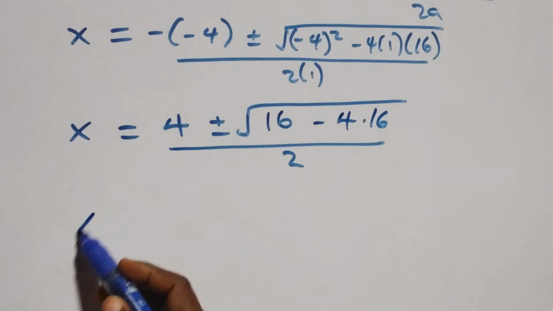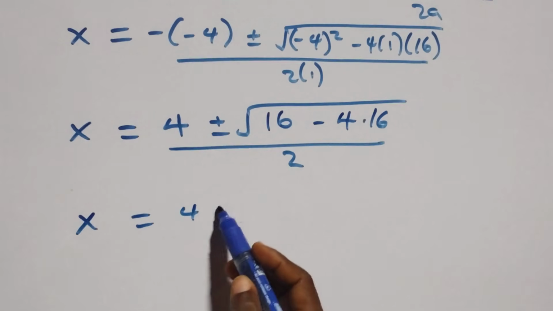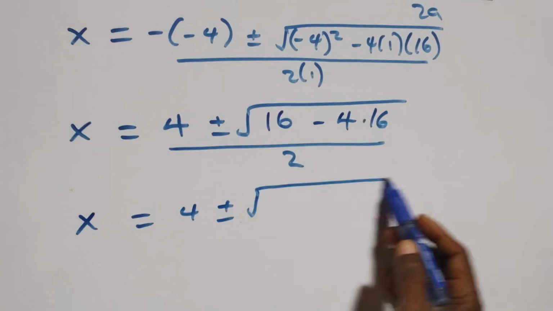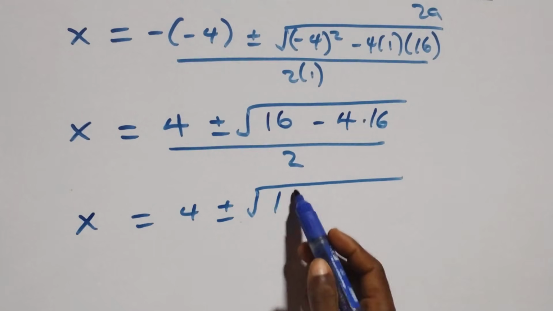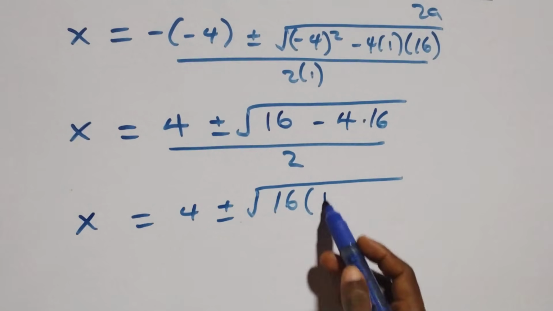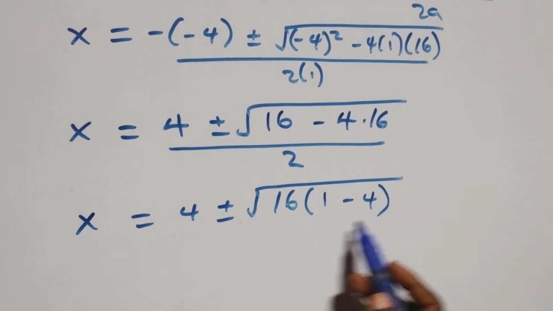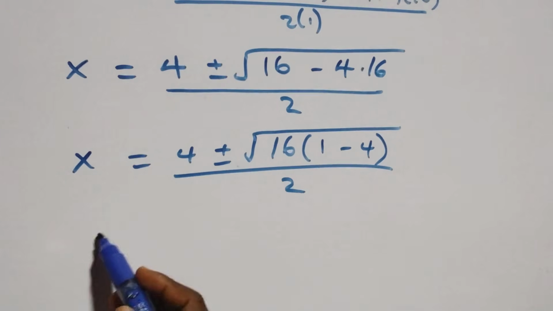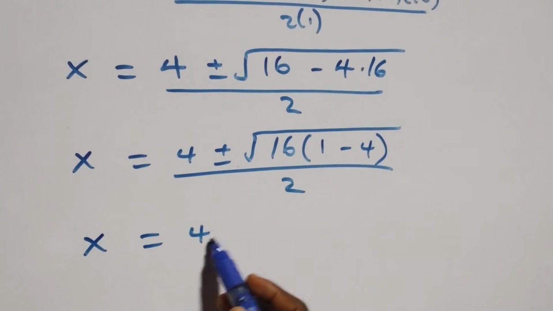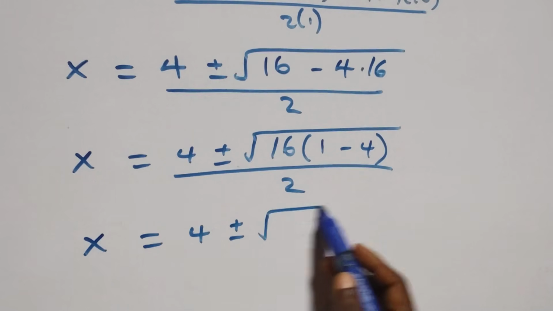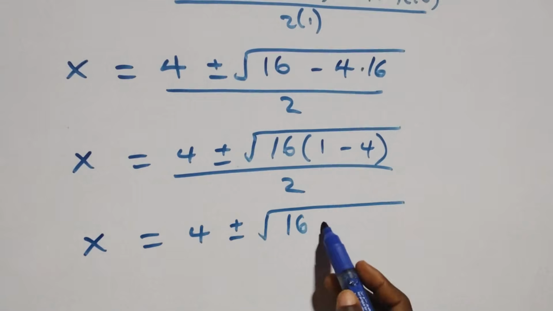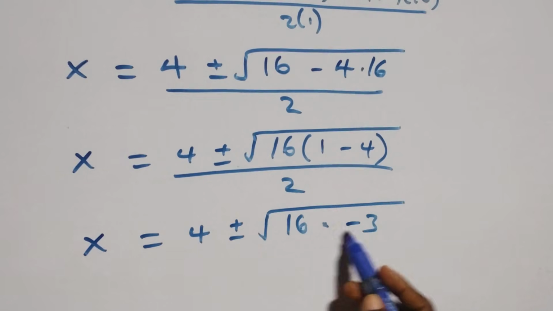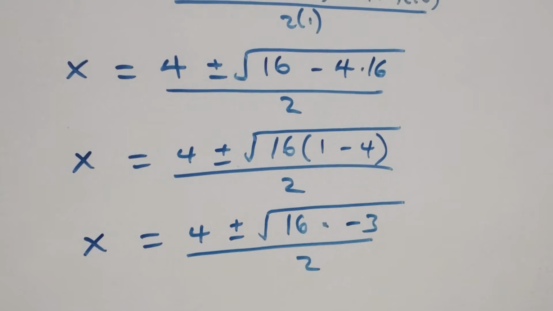And here this becomes x equals 4 plus or minus square root of 16, which is common here. Factor it out and we have 16 into bracket 1 minus 4 left here, all over 2. That is, x equals 4 plus or minus square root of 16 times 1 minus 4, minus 3, over 2.